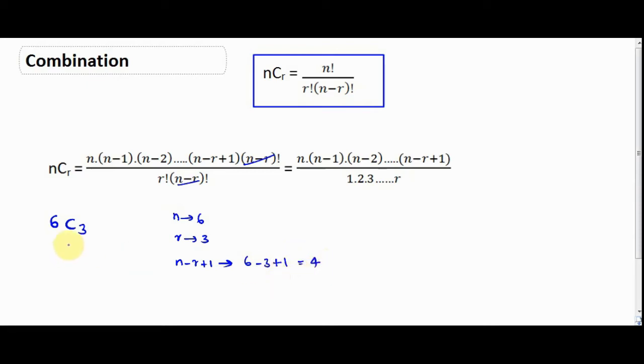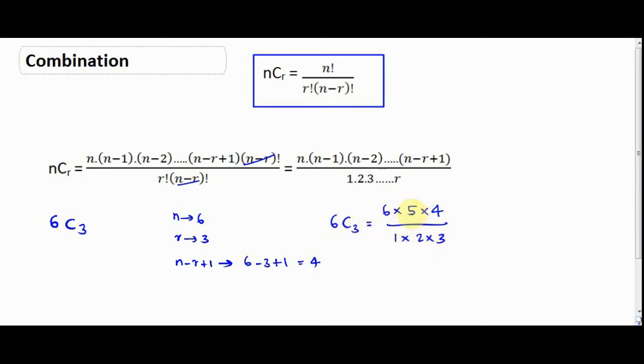So here 6C3 will be equal to 6, which is n, into n minus 1, that is 5, into the next value, which will be 4. So n minus r plus 1 is 4, so numerator term ends with this 4. That divided by denominator will be nothing but 3 factorial. So 3 factorial is 1 into 2 into 3. So this gives us the value of 6C3.